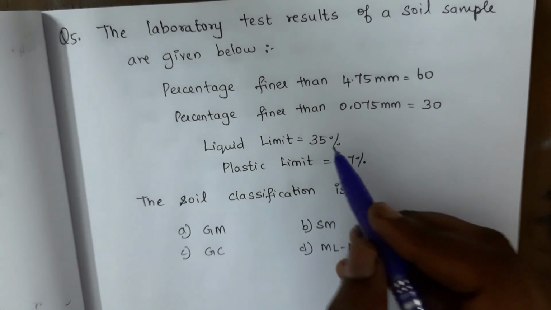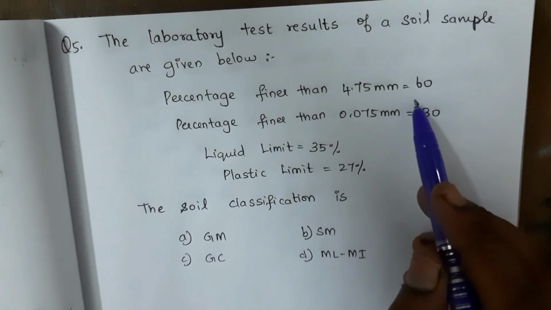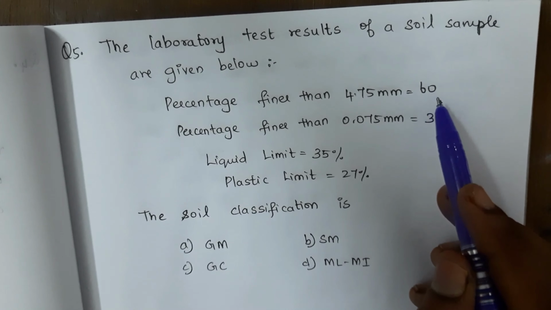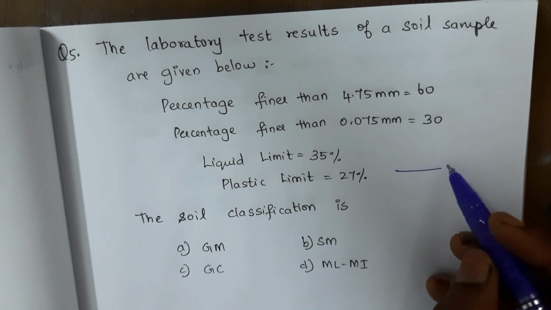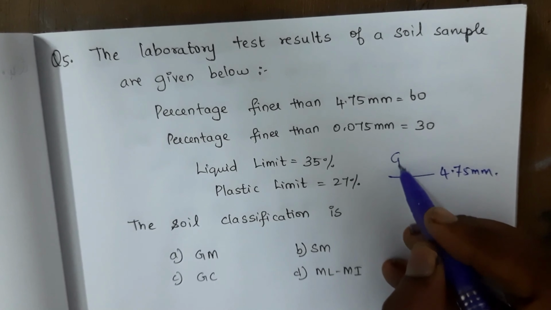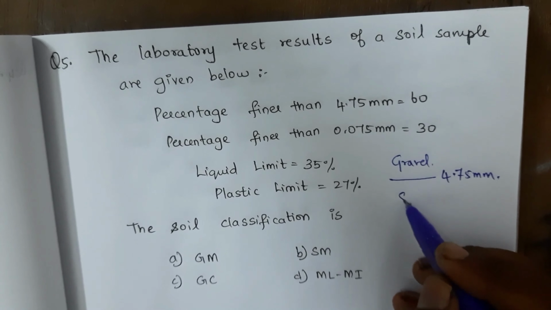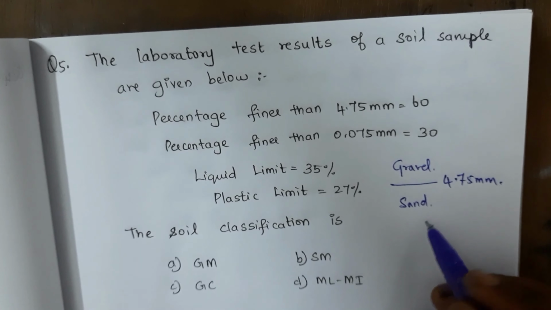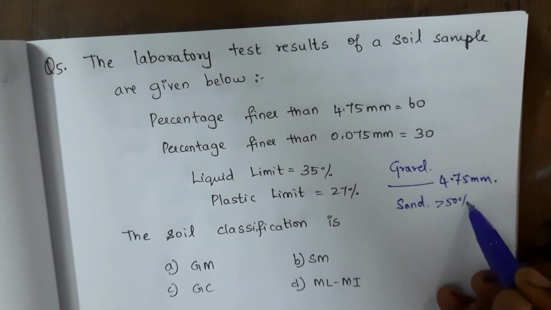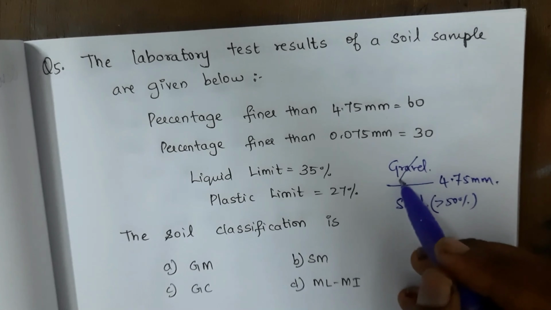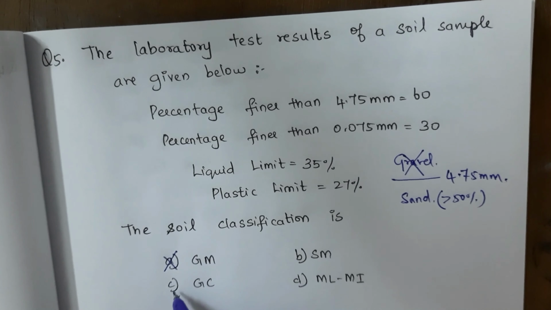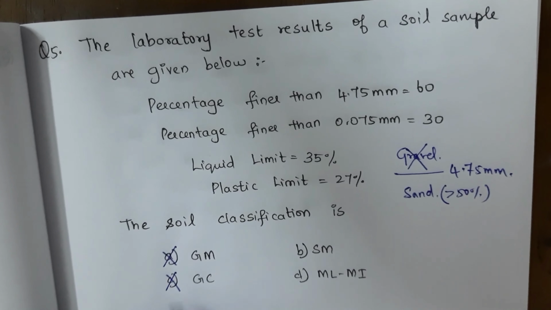So we have the percentage that is passing through the 4.75 mm sieve is greater than 50, that is 60%. We have seen that 4.75 mm helps us classify between gravel and sand. So here it is more than 50% that is passing. So gravel is neglected, and thus the option A and C can be eliminated.